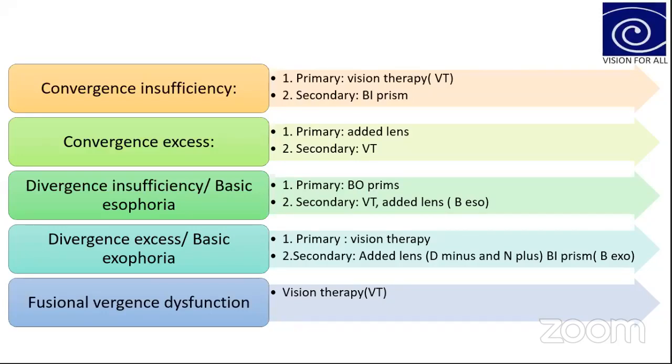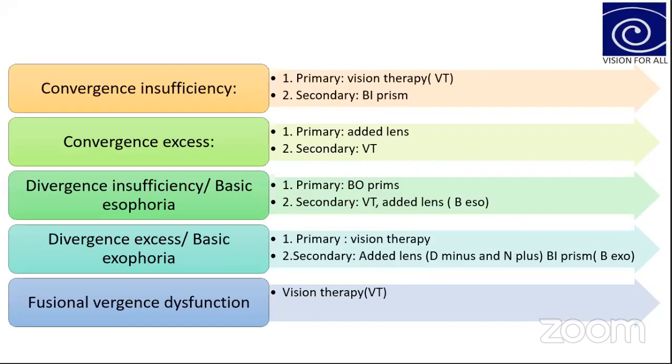What happens in this type of case is that when we give minus lenses for the distance, the patient uses the same minus lenses for near, and this can cause an extra demand or over-demand of accommodation, which can also impact convergence. So in this case, tell the patient to remove his or her glasses for near.